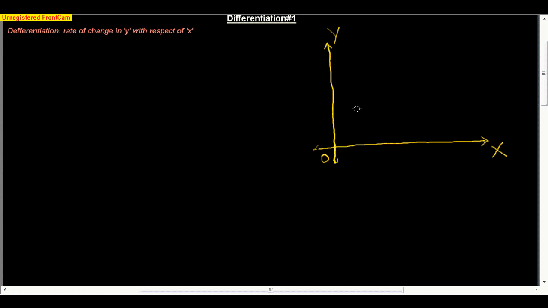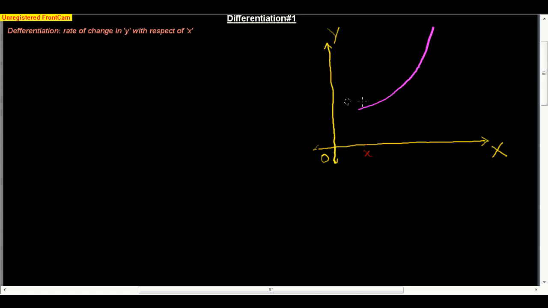And we have a function like this. This is a function we have. We have a point. There is a point, and this one is x.